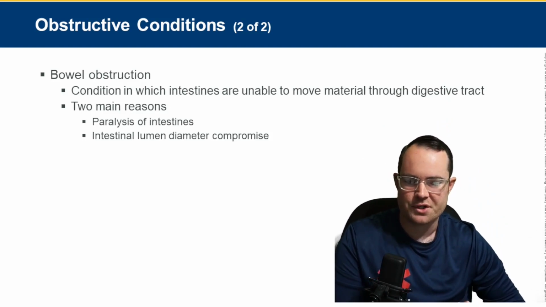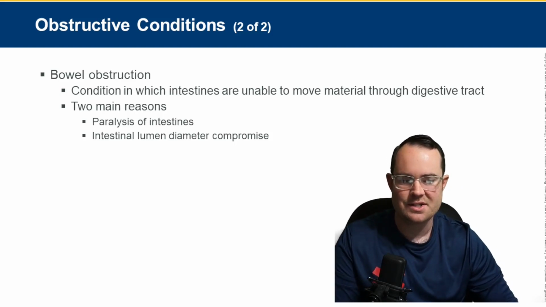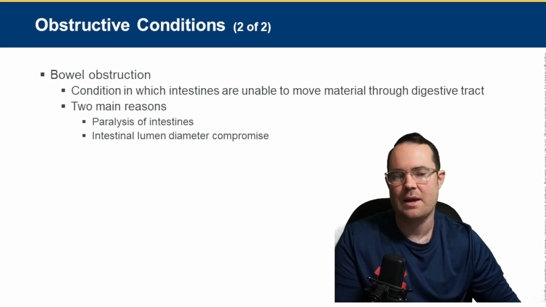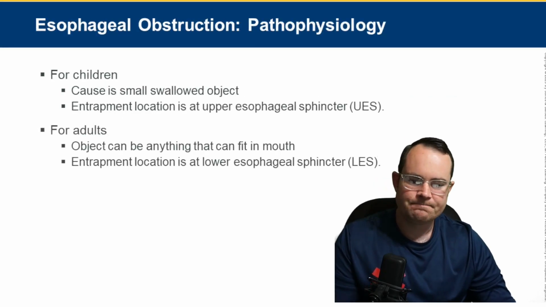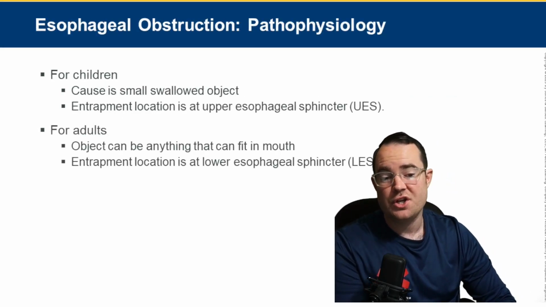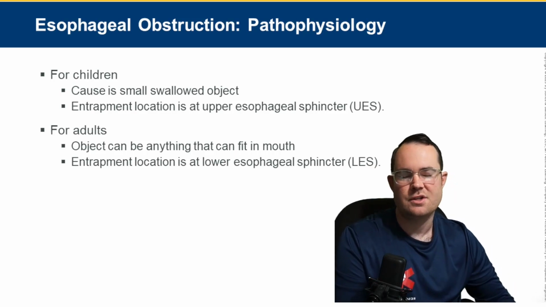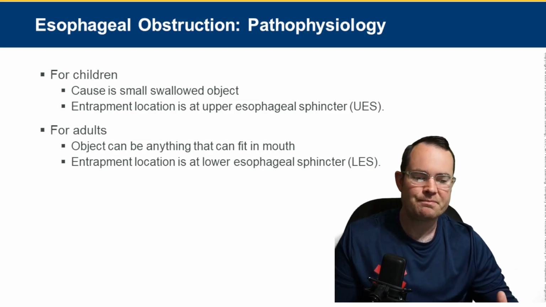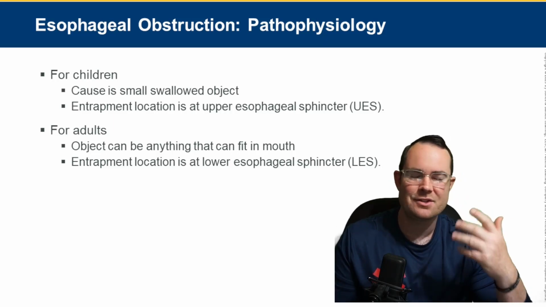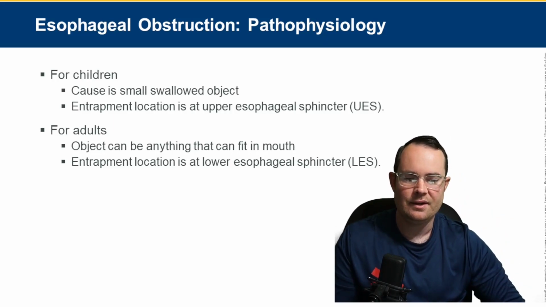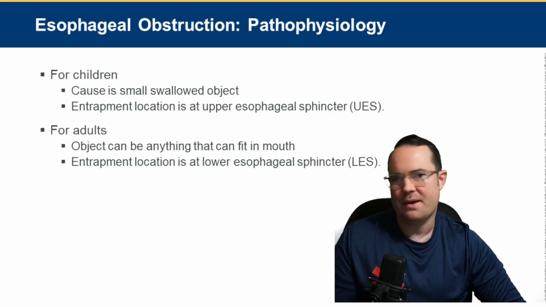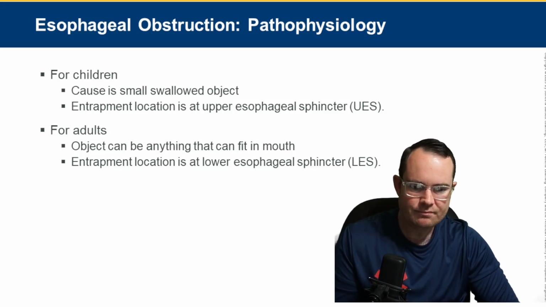Bowel obstruction: a condition in which intestines are unable to move material through the digestive tract, paralysis of the intestines, and intestinal lumen diameter compromised. With esophageal obstruction in kids, it's typically when they're choking, because small children tend to put things into their mouth, they want to taste or bite things, and they accidentally choke.